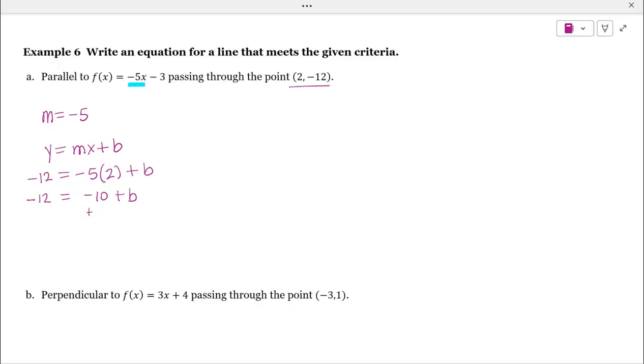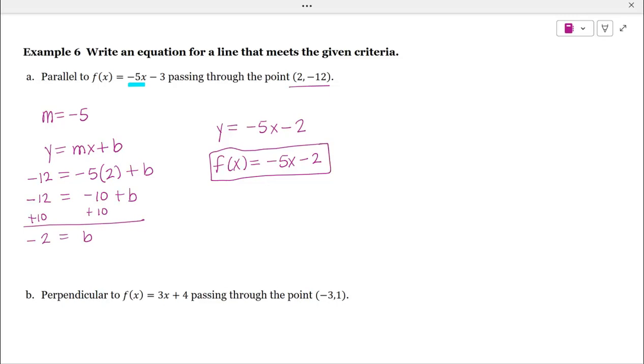If we add 10 to both sides, we get that b is equal to negative 2. So we think that our line is going to be y equals negative 5x minus 2, or f of x equals negative 5x minus 2.